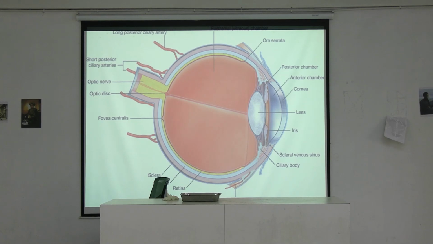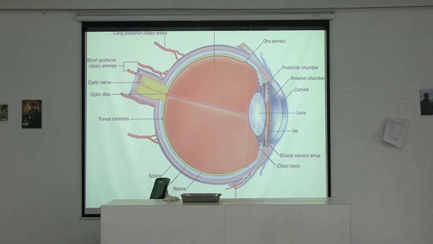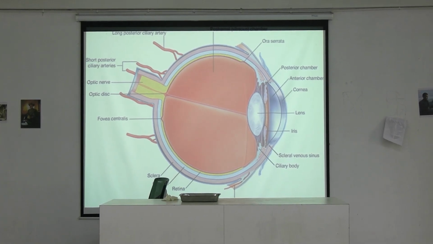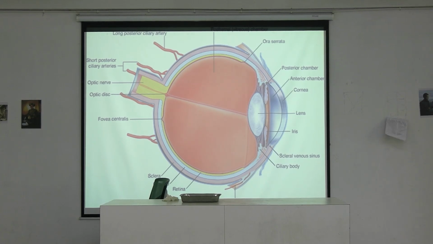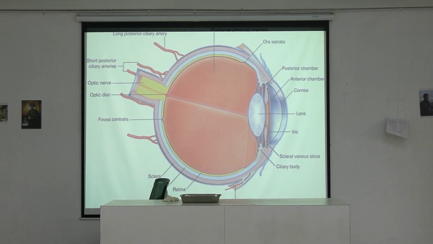And you can find the nervous layer ends here with a serrated margin. That is called ora serrata of the retina.